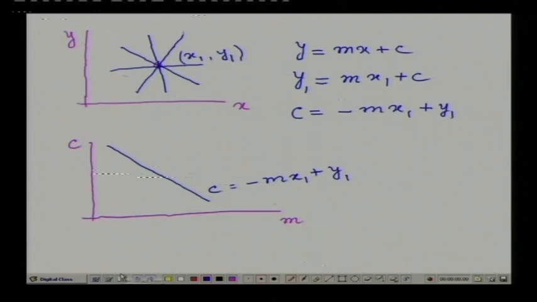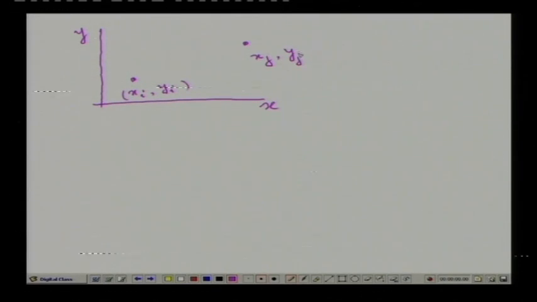So, again I go to our spatial domain, the x y plane. This is my x axis and this is my y axis, and suppose I have 2 points, one is say x i, y i, and the other point in this spatial domain is x j and y j.